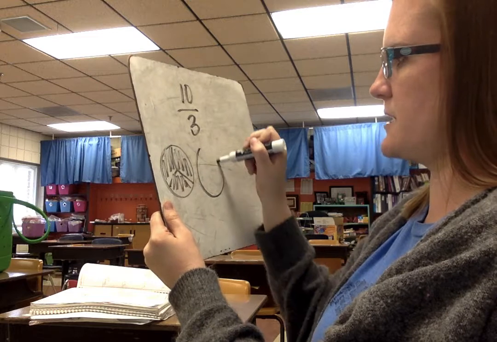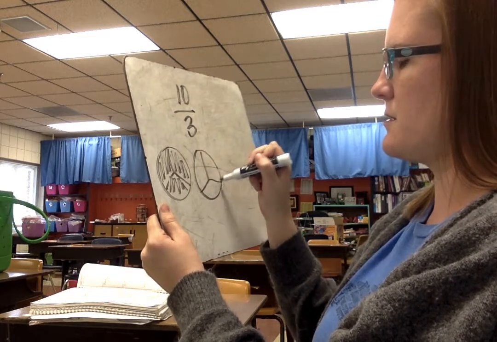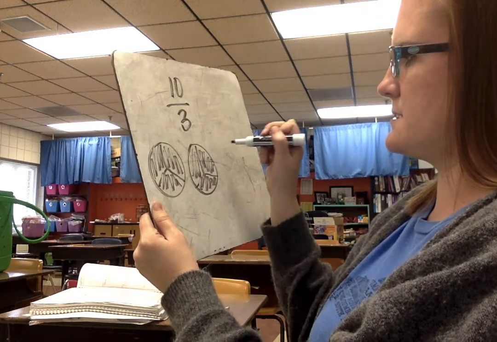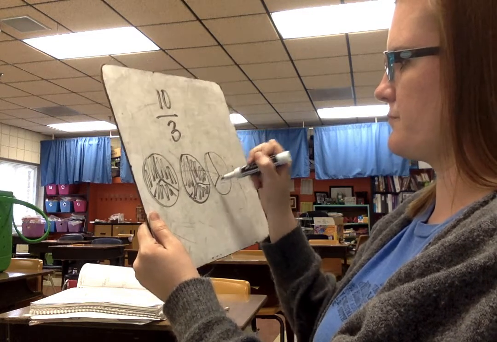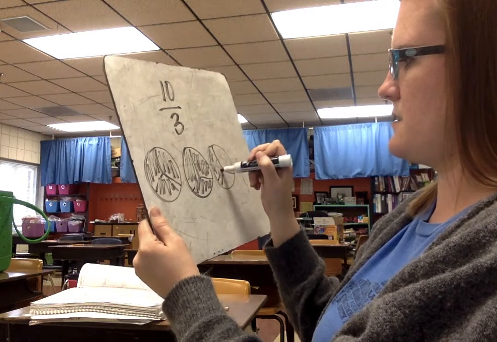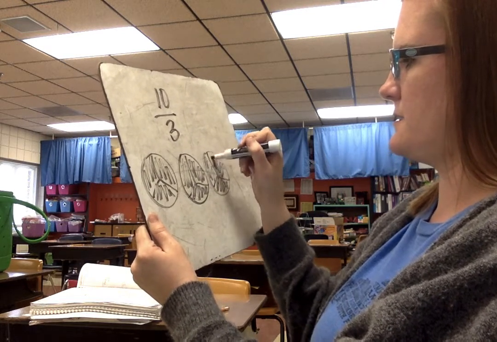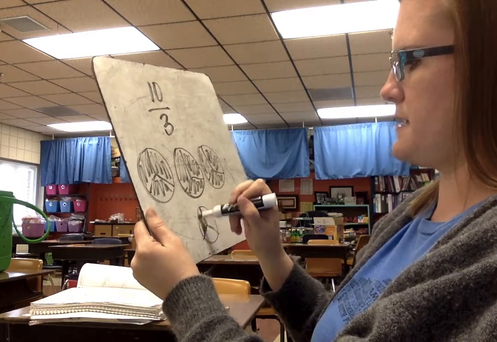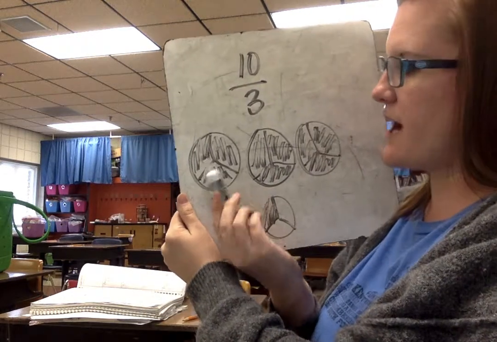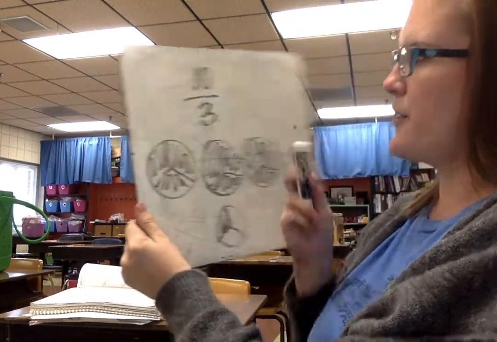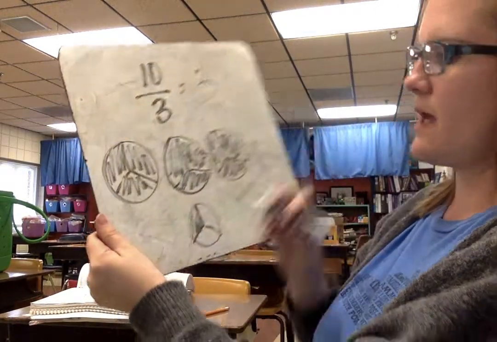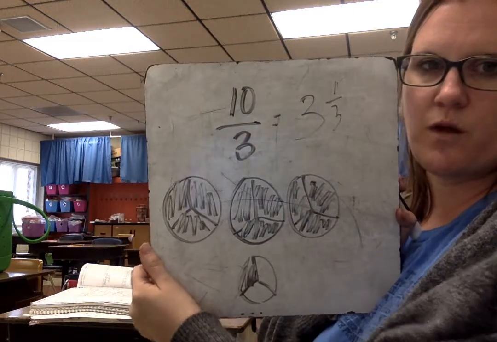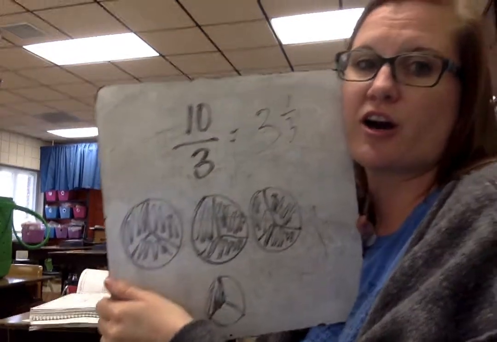Okay, so I need to shade 10, so I've got to keep going. 4, 5, 6, 7, 8, 9. Need 1 more. 10. Okay, so by coloring it, I see that I have 1, 2, 3 wholes, and then 1/3 left over. So 10/3 and 3 and 1/3 are equivalent to one another.